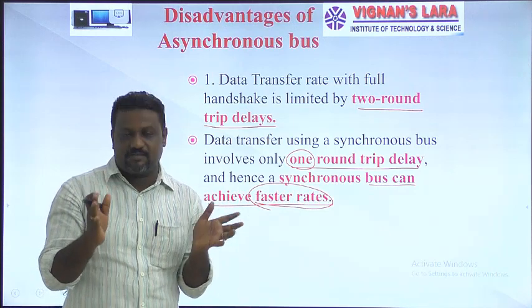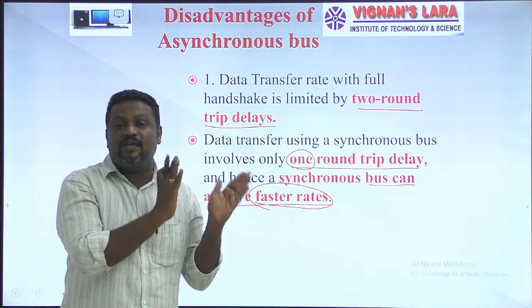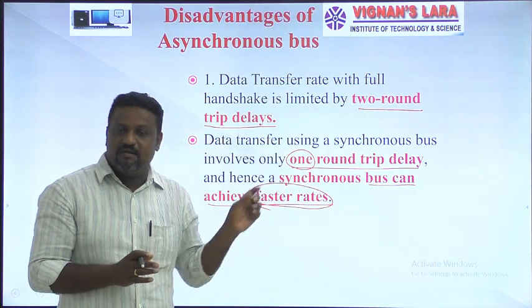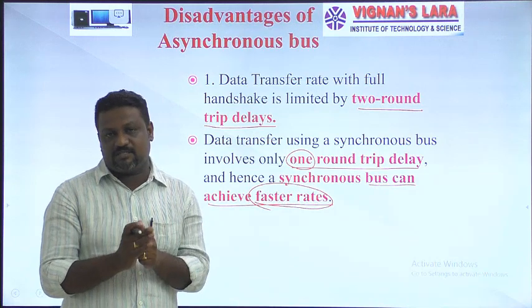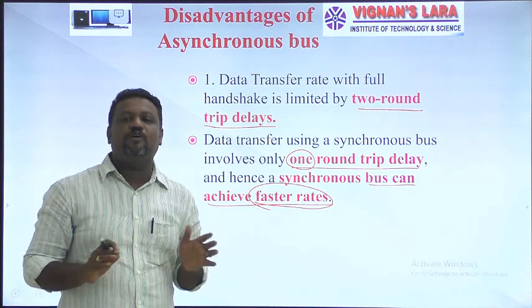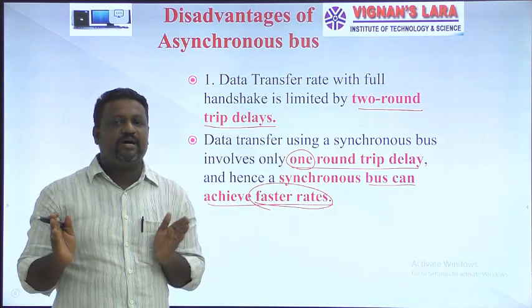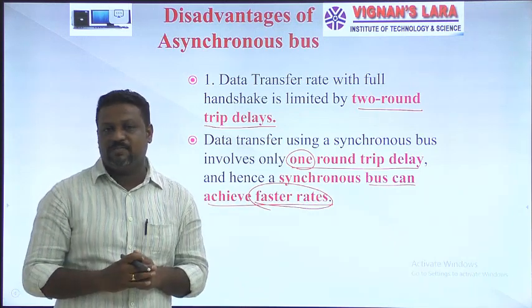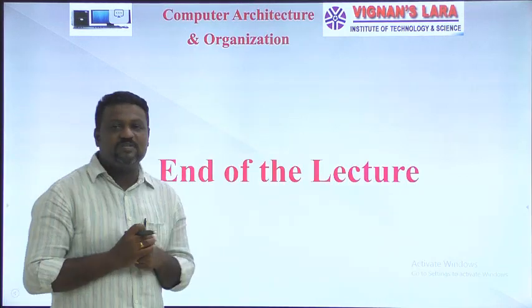The reason is that 2 round trip delays exist in asynchronous, but in synchronous only one round trip delay exists. So the speed of operation of an asynchronous bus is lower compared to a synchronous bus. These are the disadvantages of the asynchronous bus.